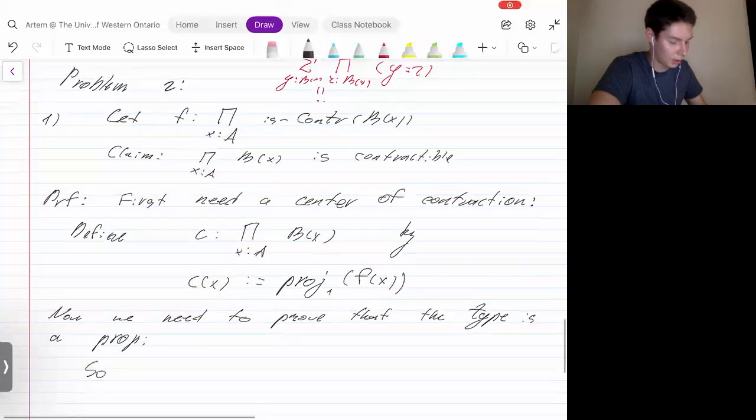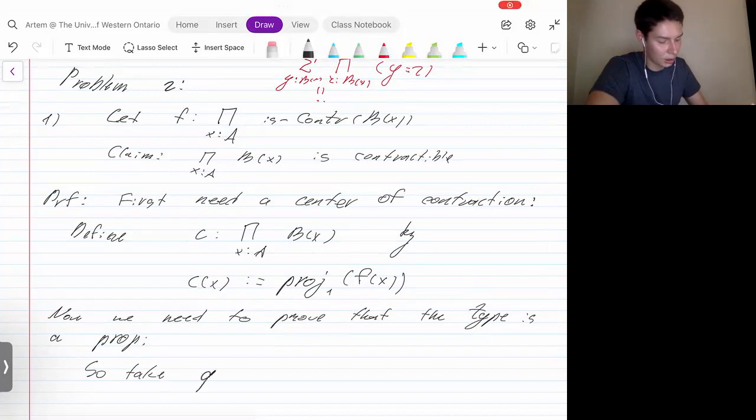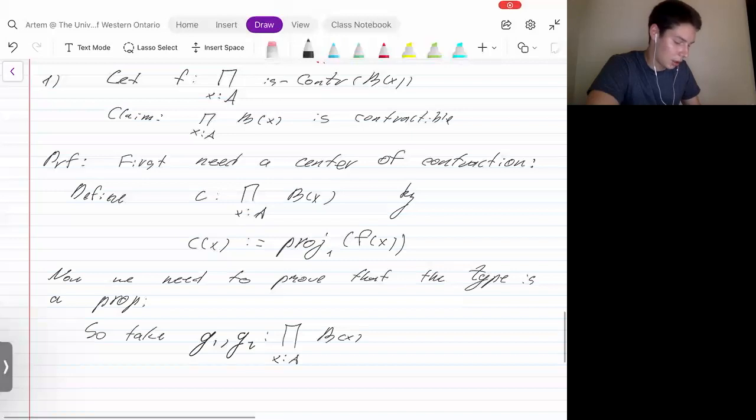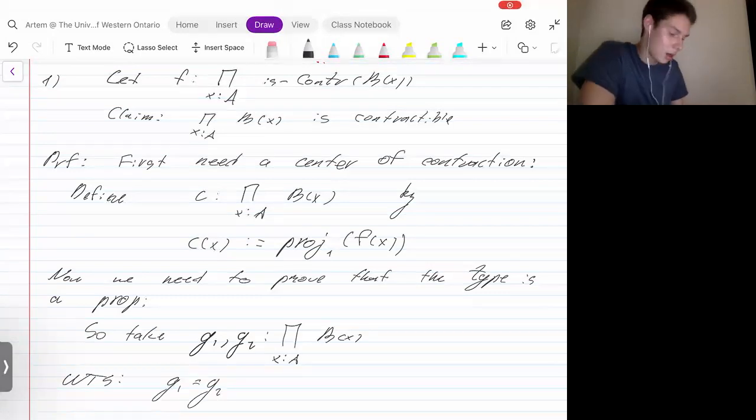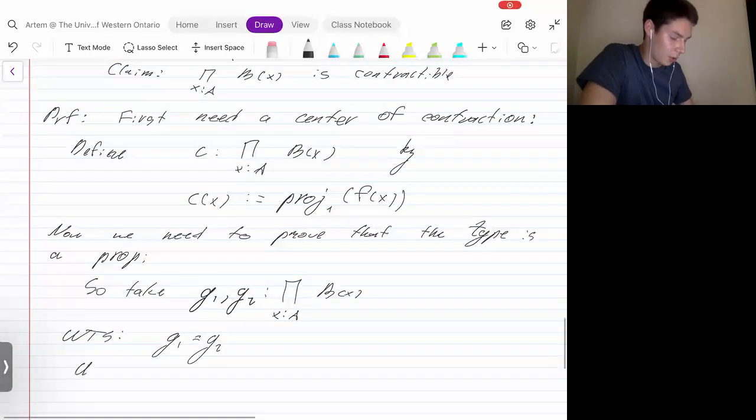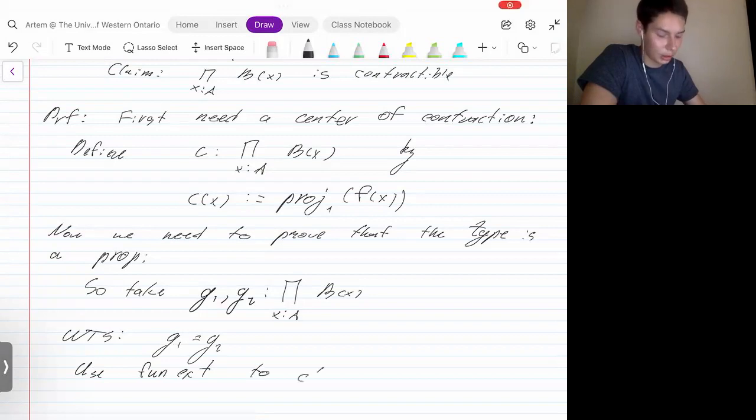So take G1, G2 in our dependent function space, Bx. We want to show that these two are going to be equal. So we use function extensionality again to check pointwise.